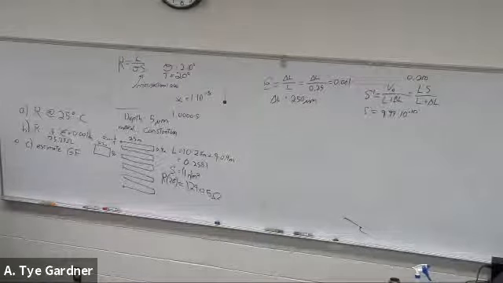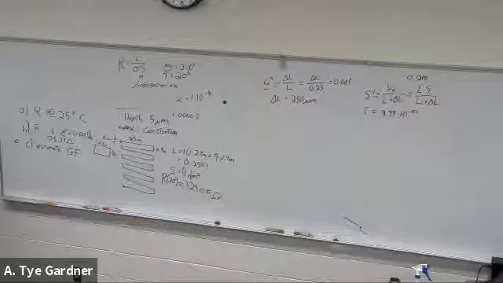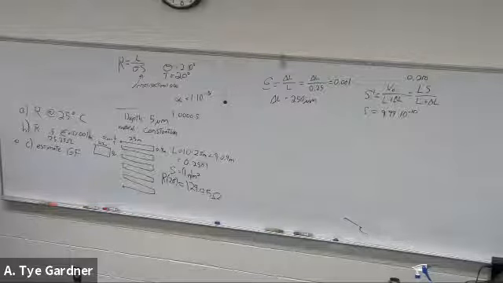I got 129.7 for the new R. Here, 8.258 divided by sigma times S. 0.2581. I got the same thing.